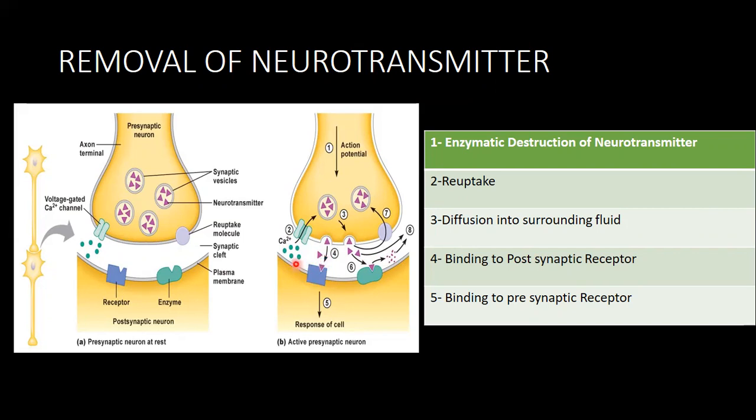We need to remember two things: that acetylcholine is made up of two parts, that is acetyl-CoA and choline, and the enzyme responsible for its destruction is the acetylcholinesterase enzyme. The second part is reuptake.